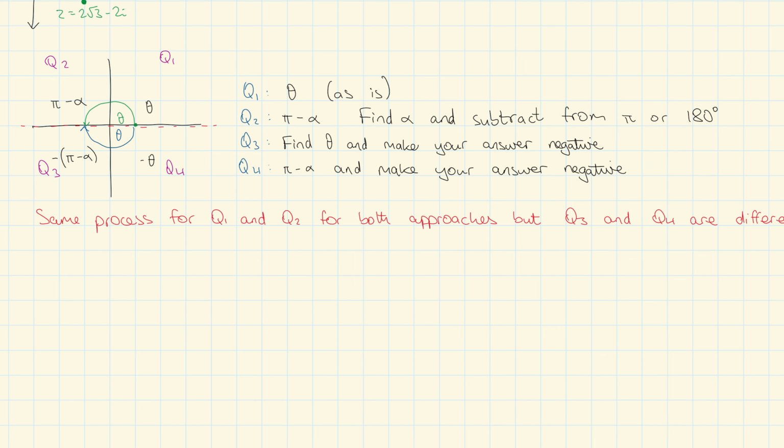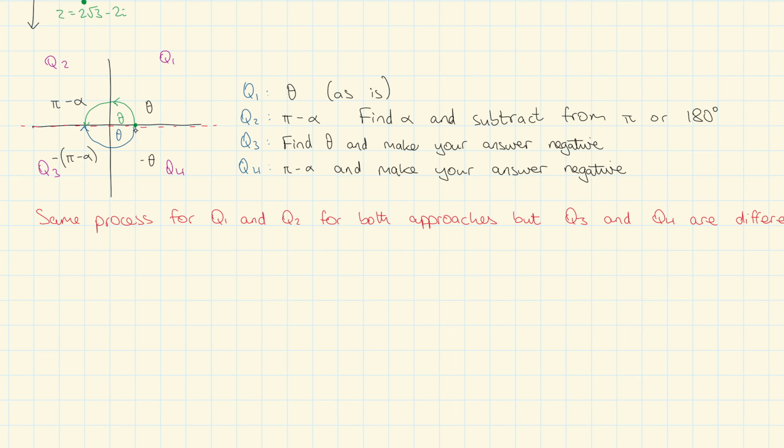So all that's happening here essentially is we consider this as above the x-axis and below the x-axis. So if we're dealing with Q1 or Q2 above the x-axis, we're going to be moving in an anti-clockwise direction, and that goes as far as 180 degrees.